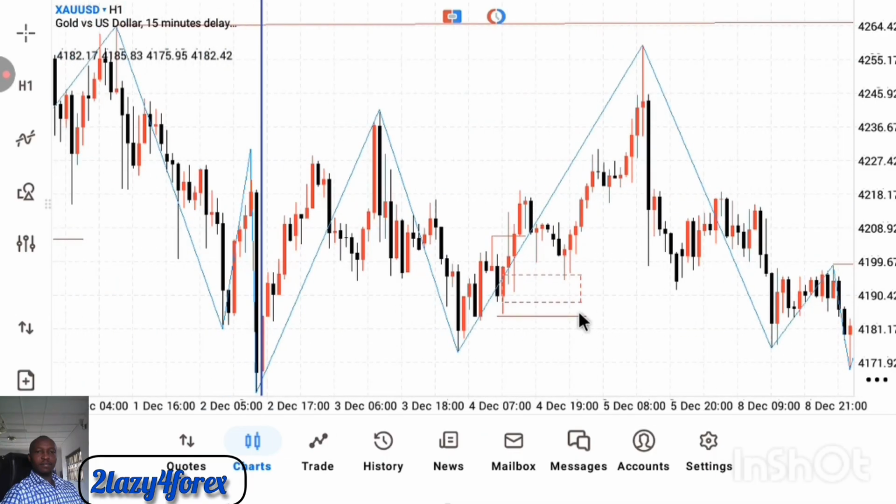And look at it. It happened here. It came here and touched it, price bought and it moved. But the steam wasn't enough for it.